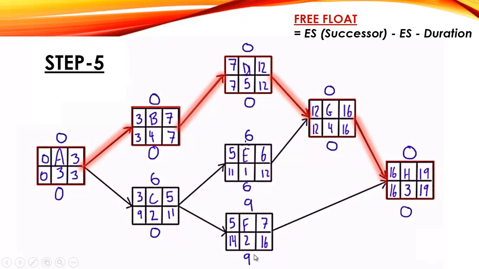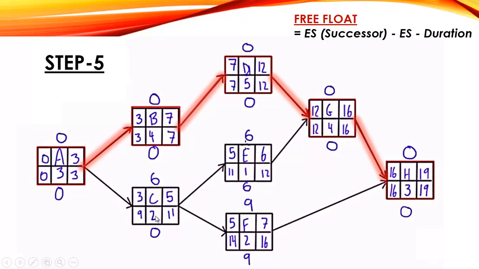So in this example, for each activity, total float and free float are coming out, but free float is always less than or equal to total float. In some activities there is no free float. Here is 9 free float, and also here is 9 free float. Free float means if this activity is delayed, it will not affect the next activity.